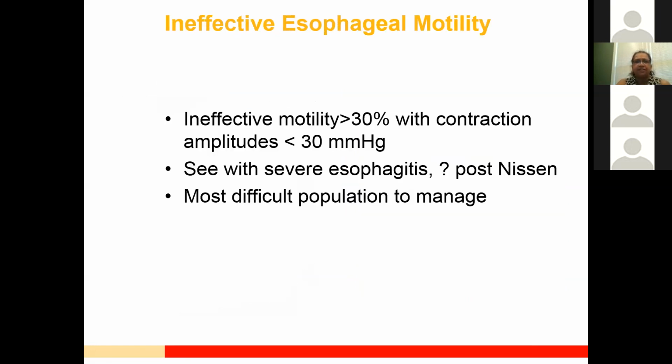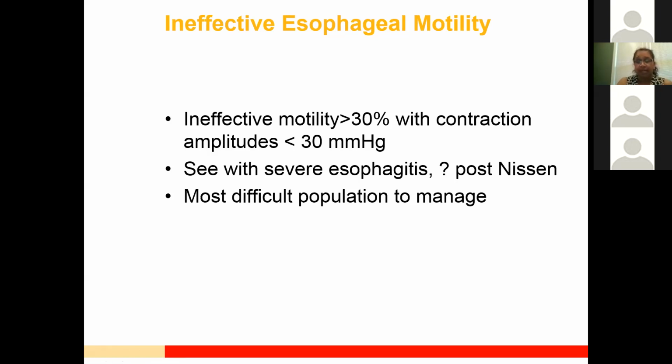Like I said, ineffective esophageal motility is the grab bag still. Greater than 30% of the swallows have contraction amplitudes less than 30 millimeters of mercury. We can see this in either a burnt out esophagus after years of reflux disease. Sometimes we've seen this post-Nissen.